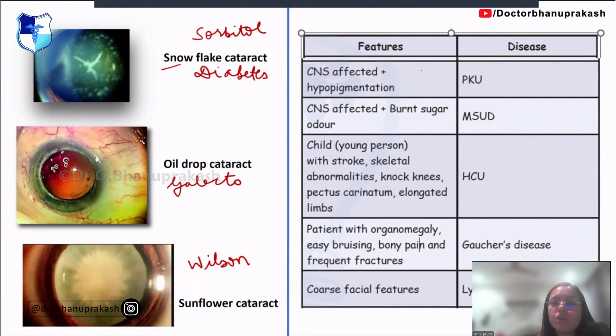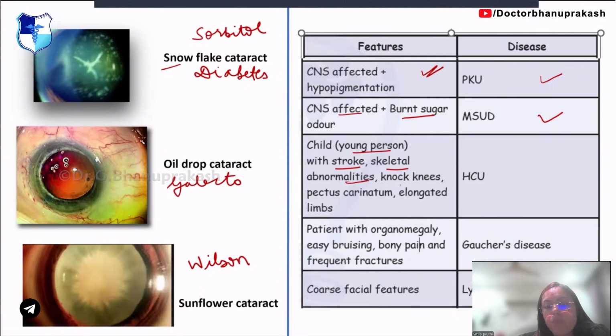Then a chart which will help you diagnose the questions. If a question is there where CNS is affected and hypopigmentation is given, it is phenylketonuria. If CNS affected with burnt sugar-like odor, it is MSUD. If a young person with stroke, hypertension, or cardiovascular attacks, also skeletal abnormalities, knock knees, pectus carinatum, elongated limbs, then it is homocysteinuria.